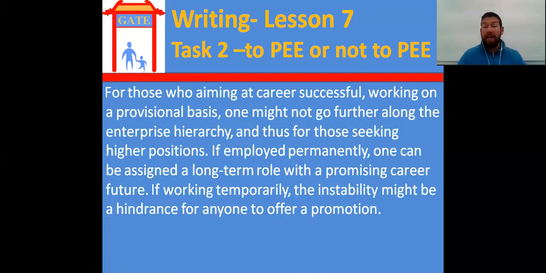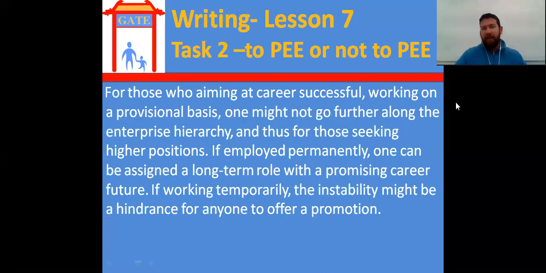For those who are aiming at career success, working on a provisional basis, one might not go further along the enterprise hierarchy and thus those seeking higher positions. Again, this is from a student. This is basically terrible grammar and ideas.